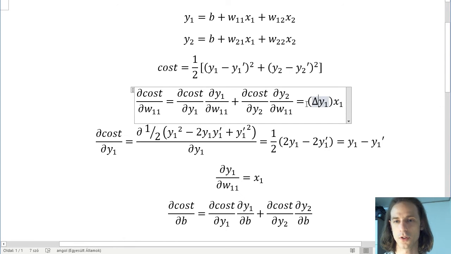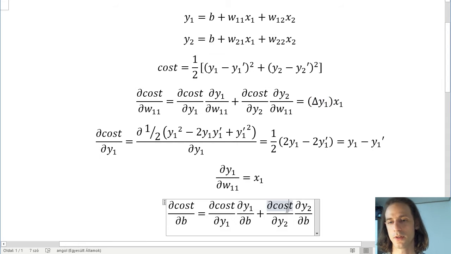So of course, if you do the derivation with respect to w12, so you differentiate with respect to w12, then it's going to be delta y1 times x2. If you do differentiation with respect to w21, that's going to be delta y2 times x1.